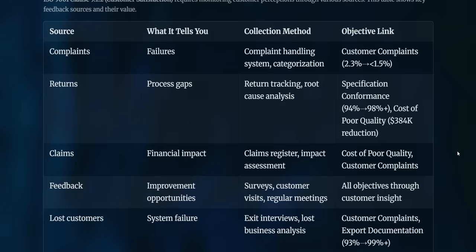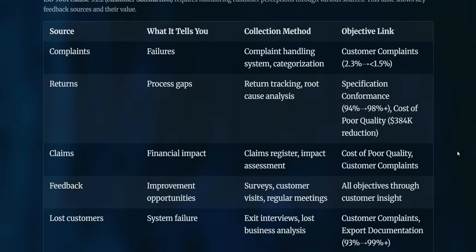Second source is returns. Returns tell us there is a process gap, and the collection methods for returns data include return tracking and root cause analysis. Objectives linked to returns data include specifications conformance and cost of poor quality reduction.